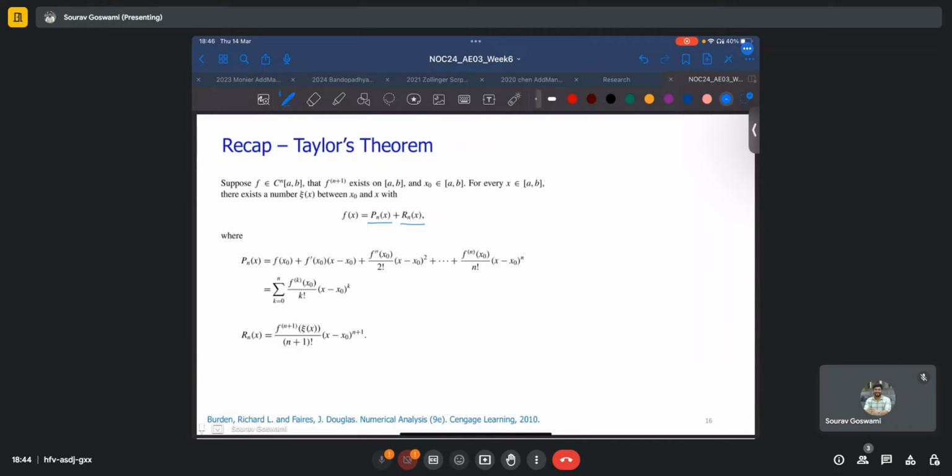So the usual form of the Taylor series expansion till the nth term, which is nth derivative of f at x naught by n factorial times x minus x naught power n, which is of course more elegantly represented by this sum. And you have the remainder term, which is the n plus 1th derivative of f evaluated at zeta x by n plus 1 factorial times x minus x naught power n plus 1.